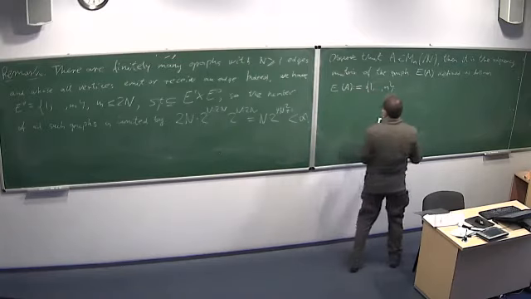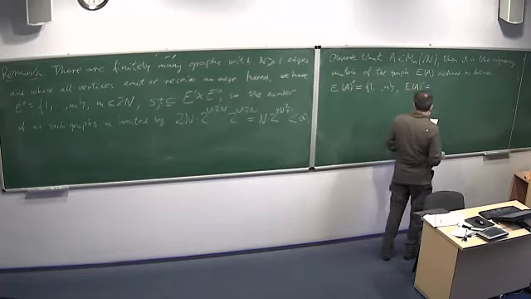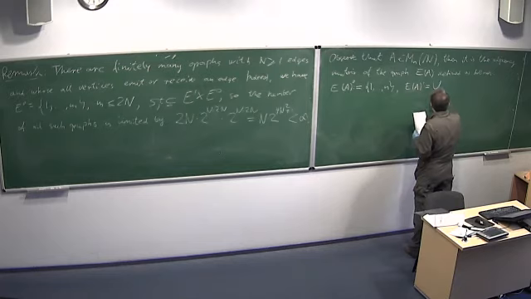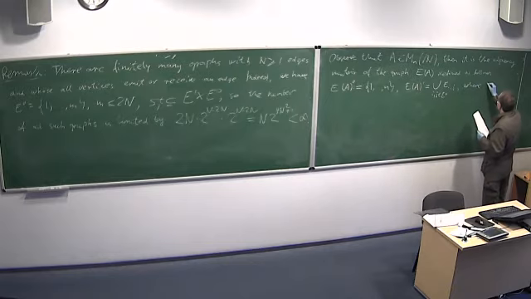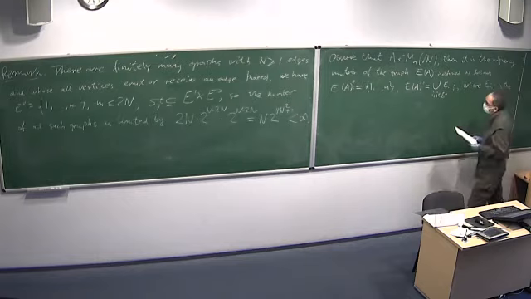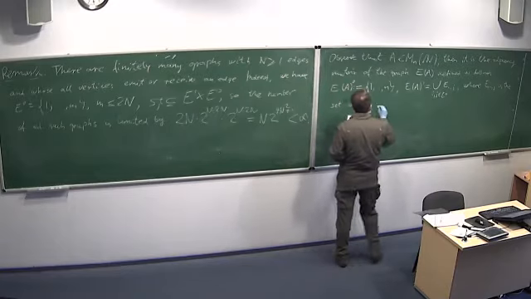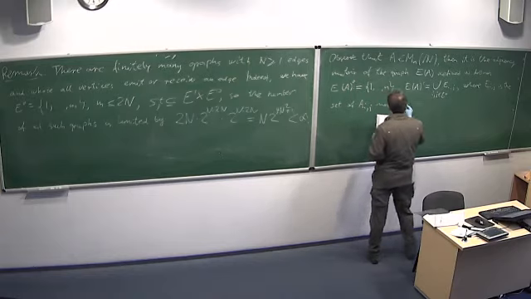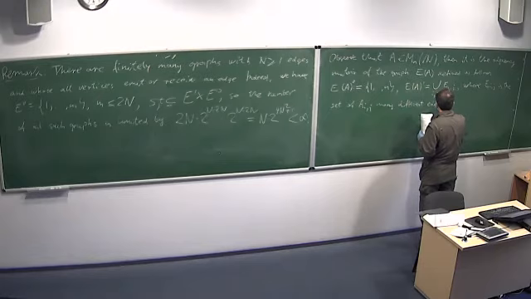So this is E_A^0. Now, E_A^1, well, this is the union over ij's in E0 of E_ij, where E_ij is the set of A_ij many different edges from i to j.